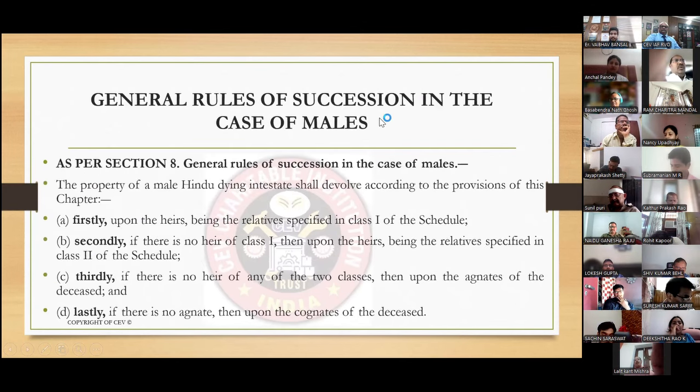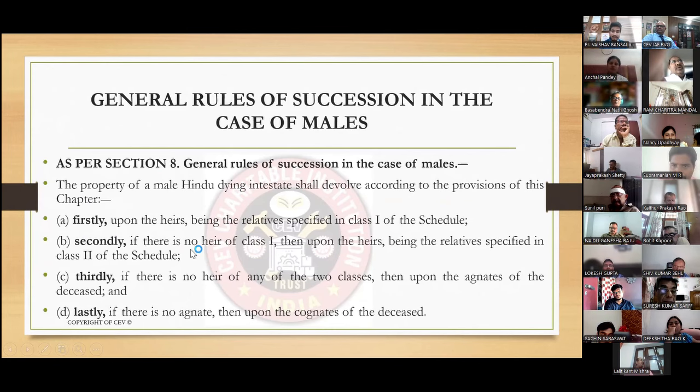Now, general rules of succession. As per section 8, general rules of succession in the case of males, the property of a male Hindu dying intestate shall devolve according to the provisions of this chapter. Firstly, upon the heirs being the relatives specified in class 1 of the schedule.